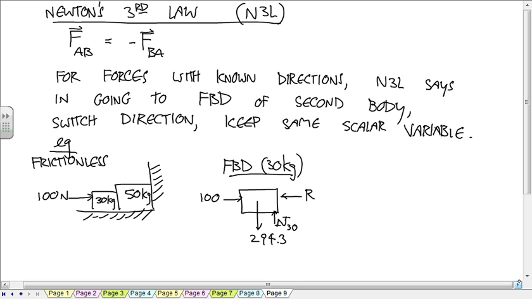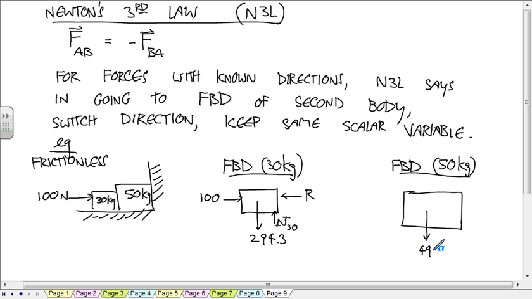And now we can go to the 50. So there's a weight of 490.5, an upward force I'll call N50.